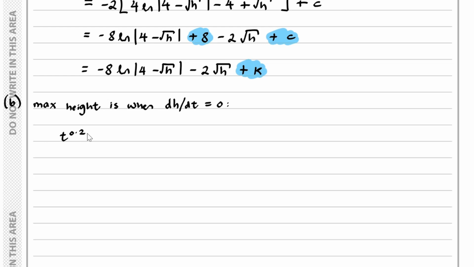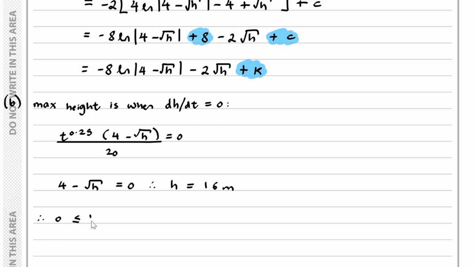So we have t to the 0.25 lots of 4 minus square root h over 20, and this is all equal to 0. So we have 4 minus square root h equal to 0, and therefore h is equal to 16 meters, and therefore the range of values, we have 0 less than or equal to h, which is less than or equal to 16.